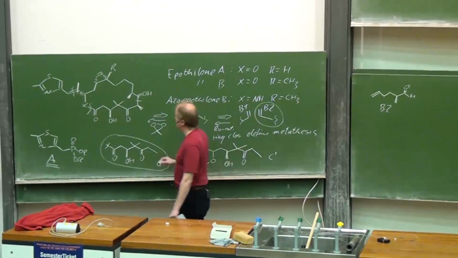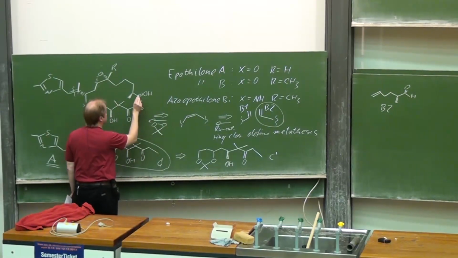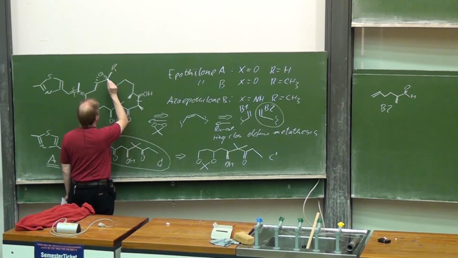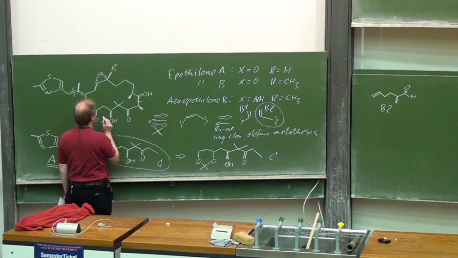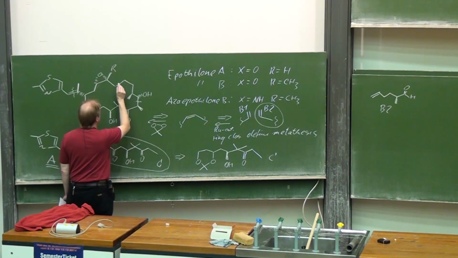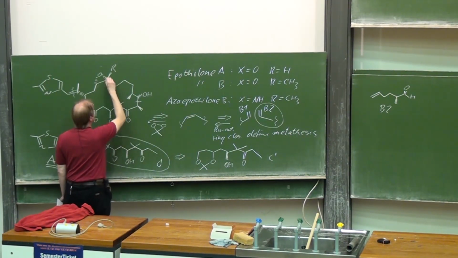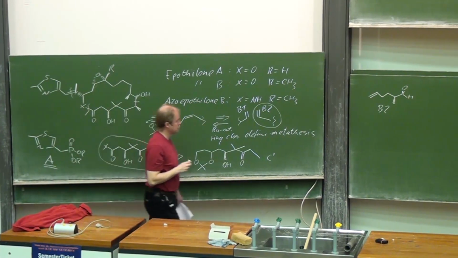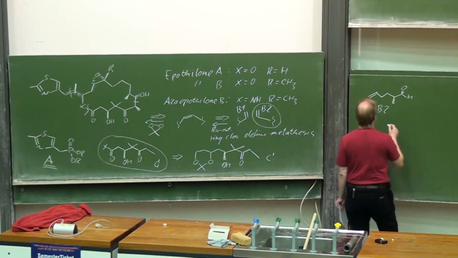So, okay, we need carbon atoms here. 1, 2, 3, 4, 5, 6, and then it's a double bond. Okay, 7 carbons.